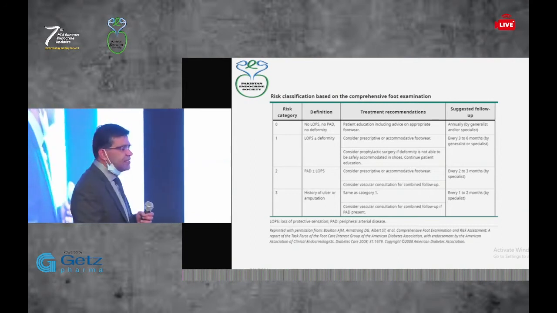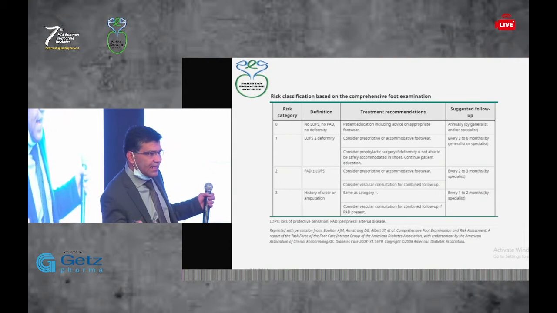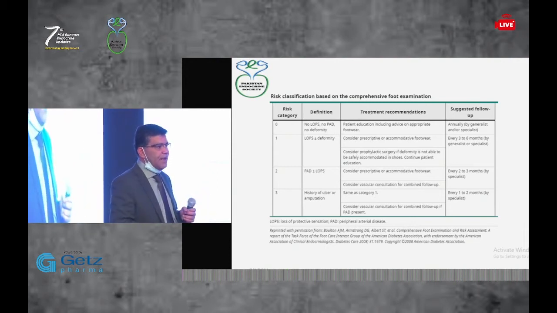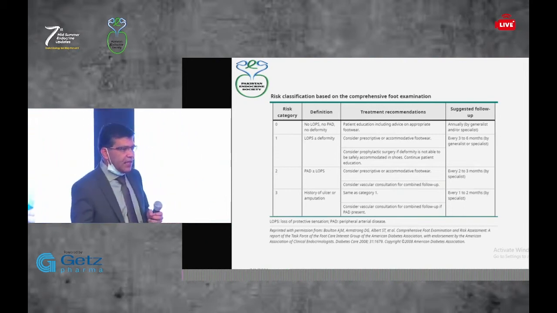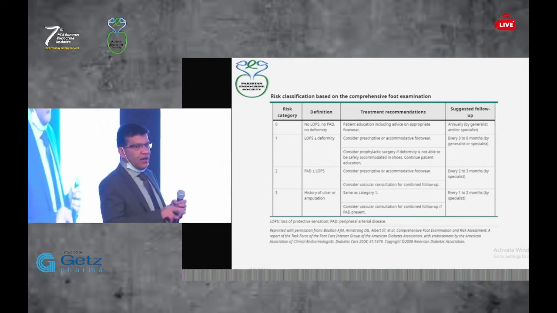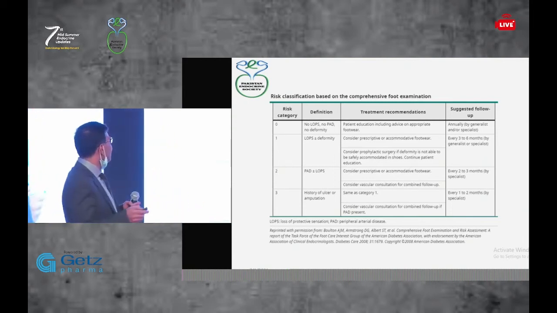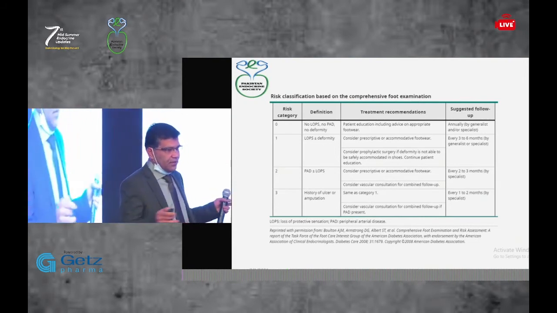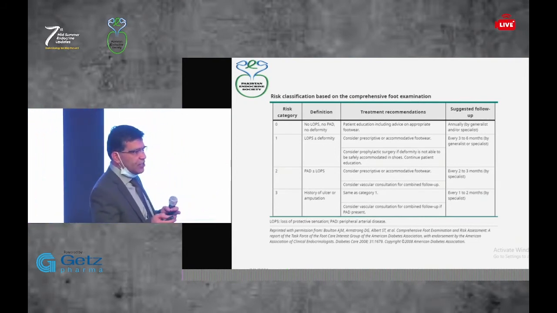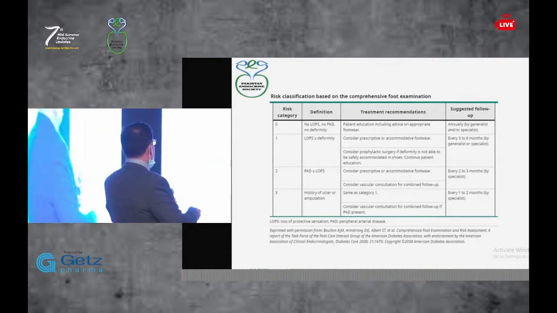And grade 1 is loss of protective sensation, with or without deformity. These patients we should advise to wear accommodative footwear customized for the patient. If there is any deformity which cannot be managed by appropriate footwear, it can be corrected by appropriate surgery.